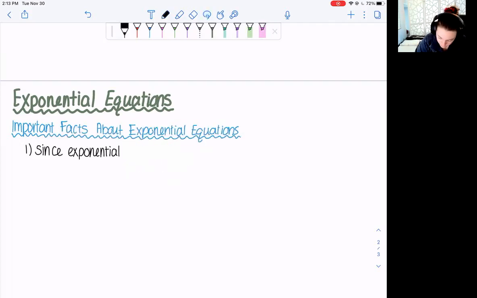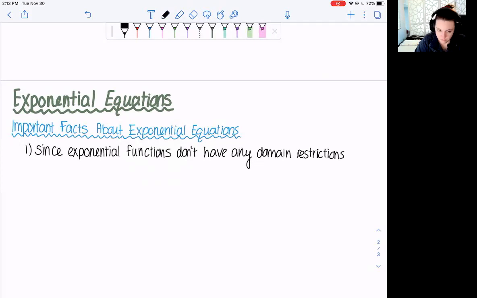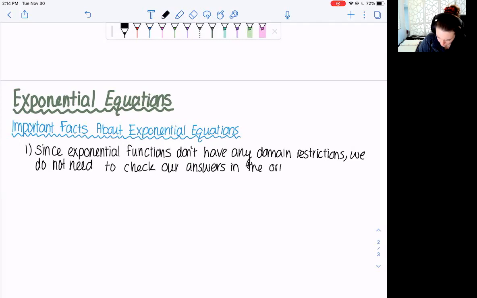Exponential functions. So that's cool. That's fun. It's exciting. It's important.